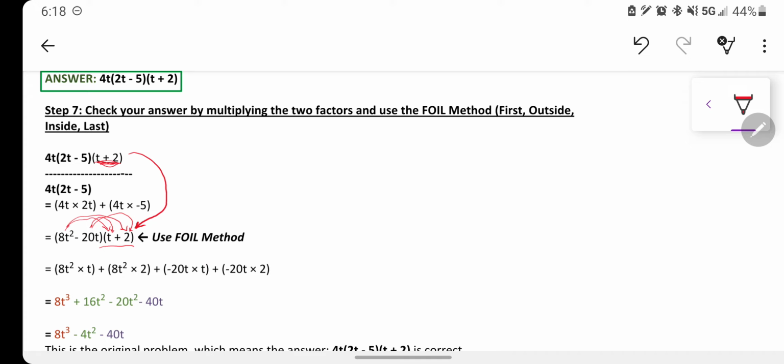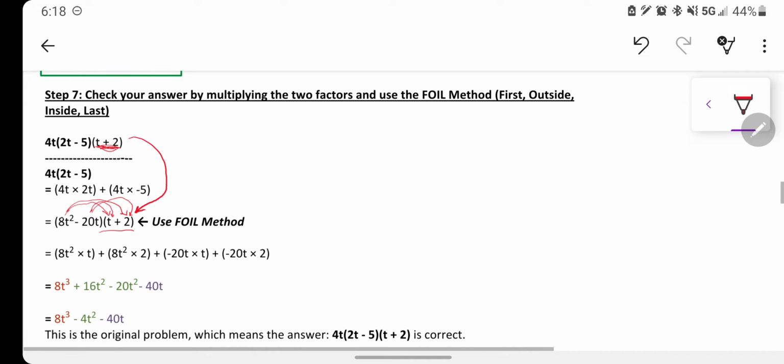So then it would equal 8t to the third power plus 16t squared minus 20t squared minus 40t. And then when you put these values together, it would equal 8t to the third power minus 4t to the second power minus 40t.